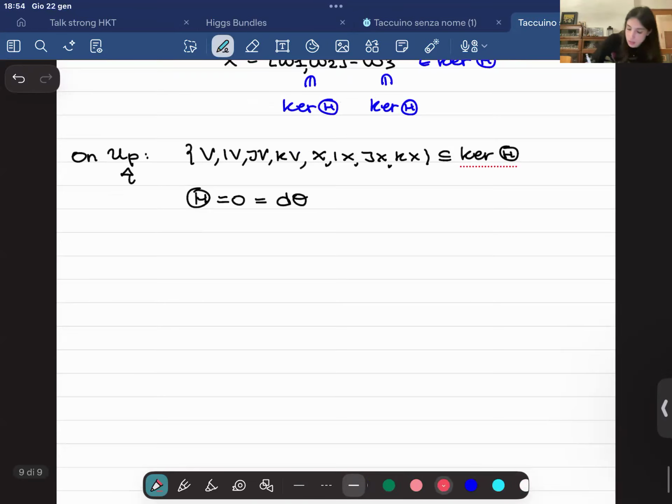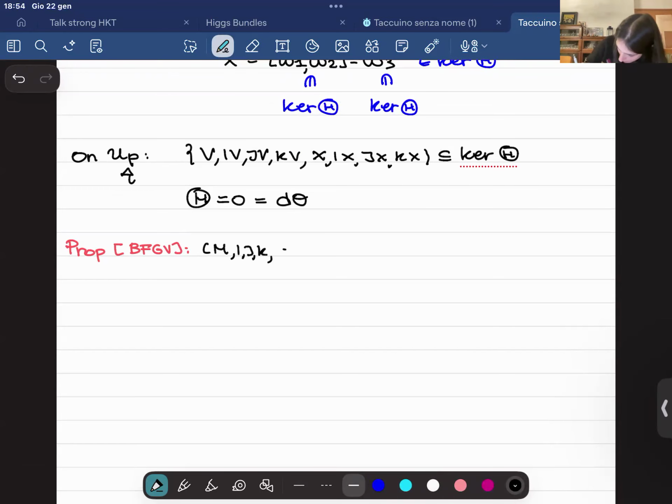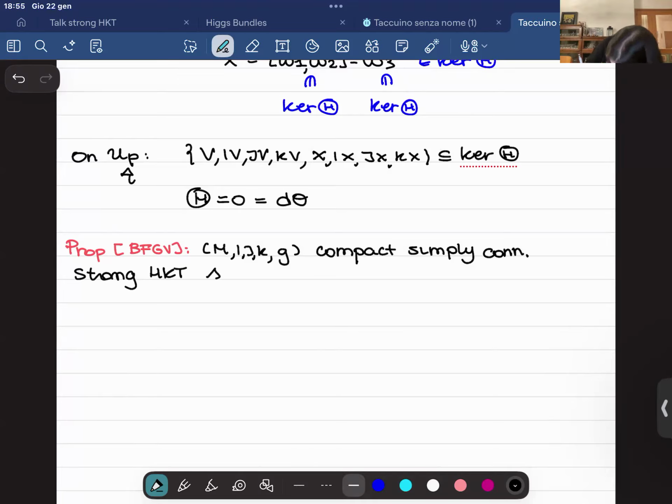And now we can use this proposition, which is kind of intriguing, where we prove that if we have a compact, simply connected, strong HKT structure, and Theta is equal to 0 on a neighborhood, so let's call this U_P since for us it will be this one, then my manifold is hyperkähler.